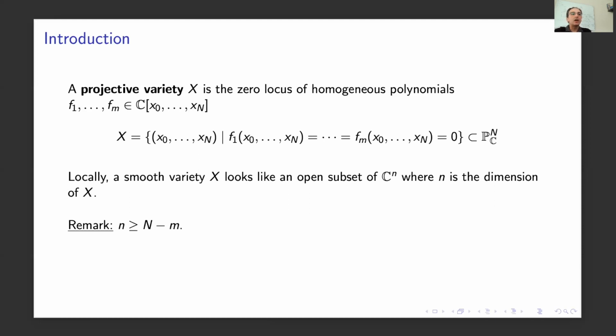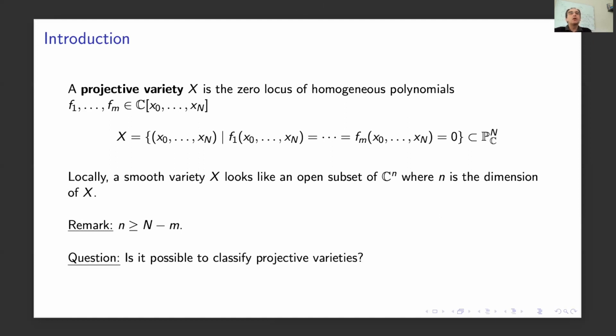Of course, this is not a sharp inequality because we could use, for instance, all the polynomials to be the same. We're not going to get anything more interesting than by just considering one polynomial. And there are more difficult cases, so it's just an inequality. But at least we're sure that if we work with the complex numbers, if we don't have too many polynomials, then this is a non-empty set.